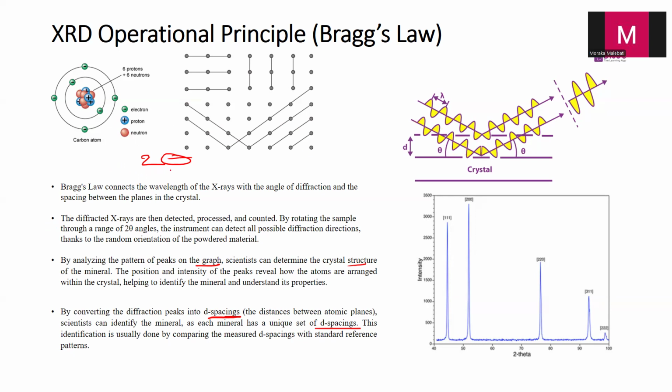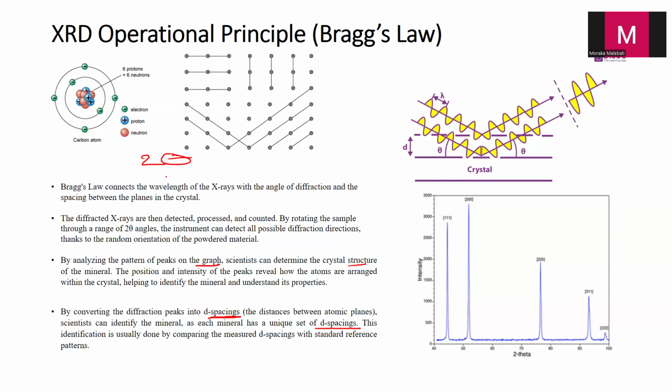This angle is very important because it relates to the spacing between atomic planes, according to Bragg's law. It relates to the d-spacing of the atomic planes in that crystal.